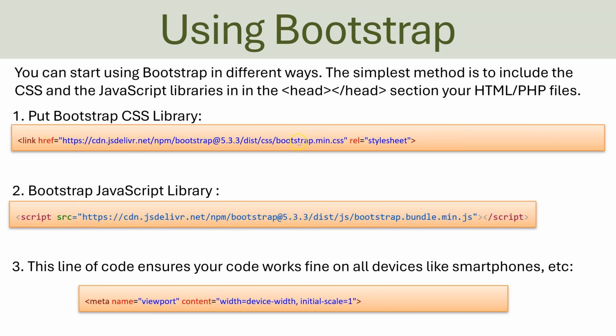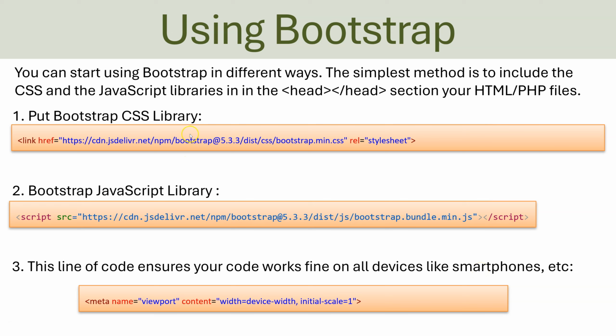This one is for the CSS part of the Bootstrap library, and if you also want to include the JavaScript part of this library, you also need to include that one. And typically you also need to include that line of code in your HTML file in order to make sure that Bootstrap works fine on different types of devices, from computers to small smartphones.